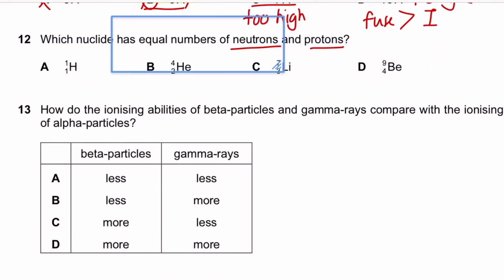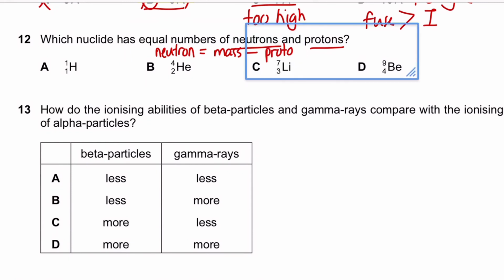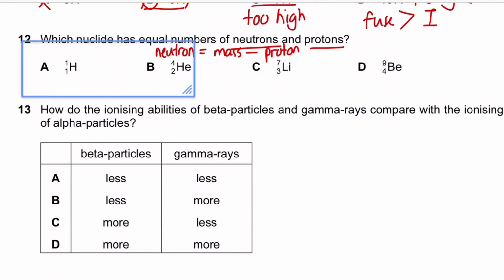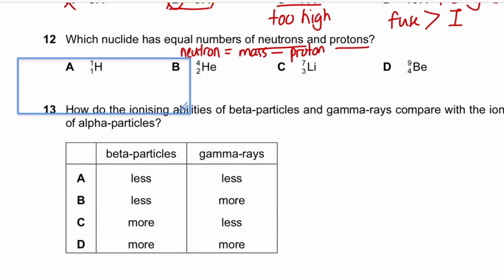So before we get into each option, let us write down the formula to obtain neutron. Neutron is equal to mass minus the proton number. Mass is always located at the top of the nuclide number. So now we can find each of the individual proton and neutron numbers. Let us write P as proton and N as neutron.